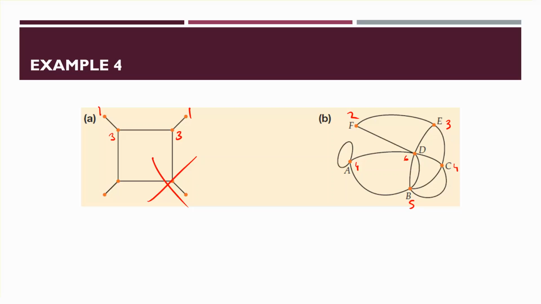Wow, that means that 2 of these are odd. If we start at one, we will finish at the other, and a Eulerian path must exist in here somewhere. Let's start at B. Look at that. Every edge has been touched. We started here, we finished here.